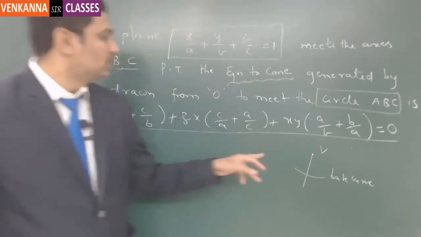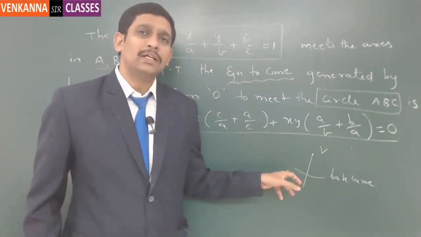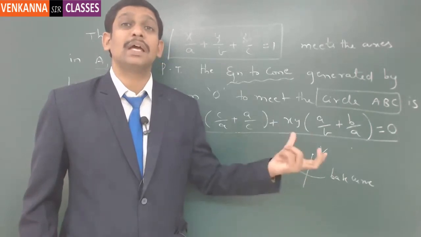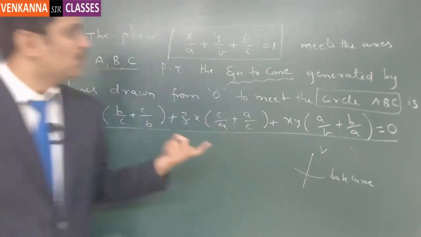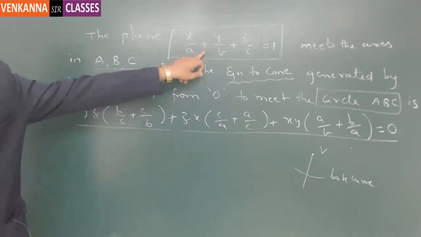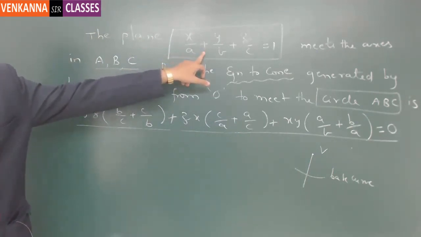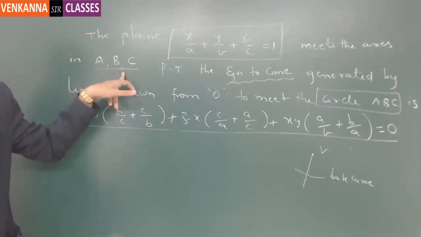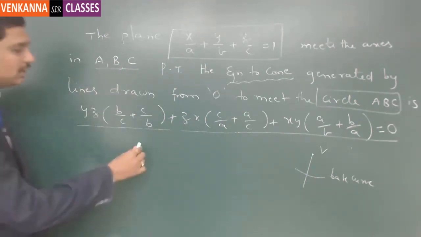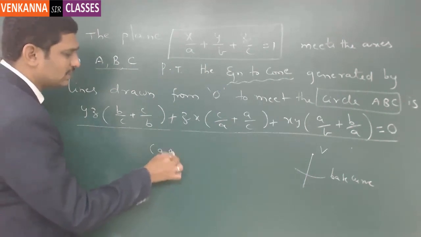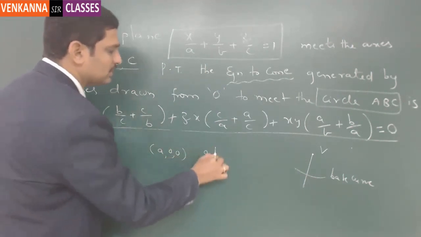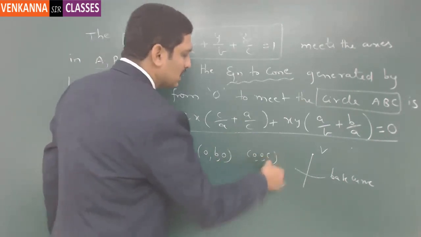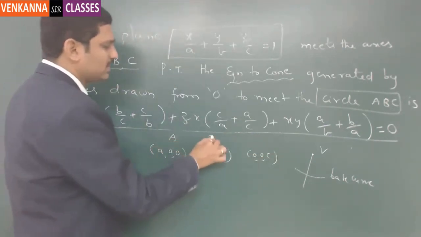So here also we have to assume that the base curve is nothing but the intersection of a sphere and a plane. From the problem, this is the given plane meeting the coordinate axes at the points A, B, C; obviously the points are A(a,0,0), B(0,b,0) and C(0,0,c). These are the intercepts.